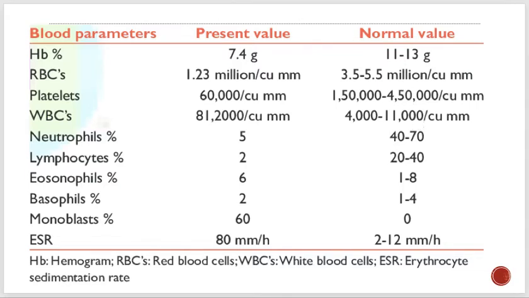I'm showing you this, and whatever books you're following, you can see the values are not the same, but they are more or less close to each other. For example, you will find books where this value is between 4,000 to 10,000, and books where it is between 4,000 to 11,000. Don't get confused, that's completely fine. You will find books where the ESR value is not 2 to 12, but maybe 2 to 14. Right now I'm just developing your concept and orientation towards this.